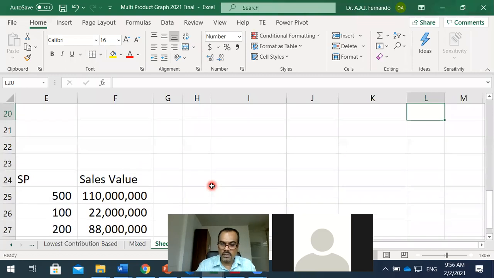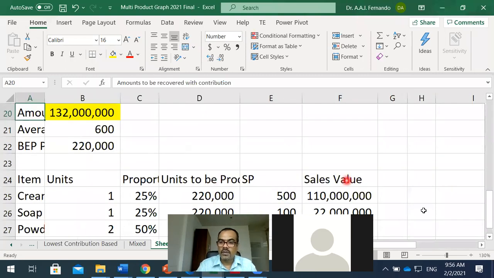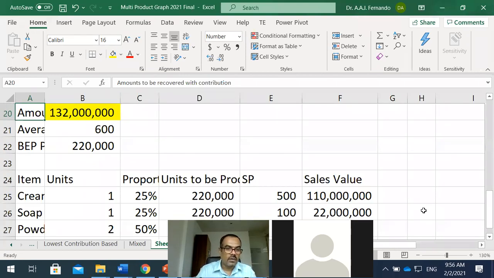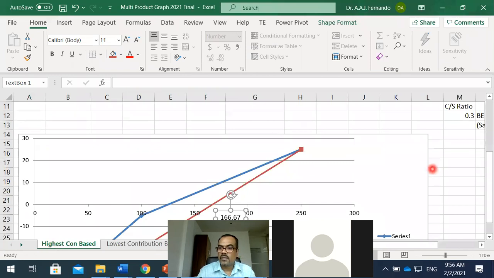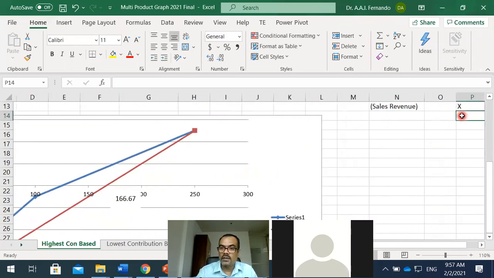I did the calculation somewhere. One minute. Okay, this one here. Okay, you can see the calculation here. I'll show you this in the Excel, that is easy for you to understand.